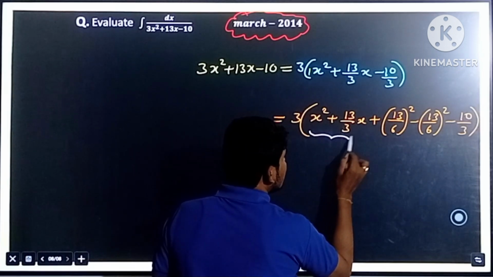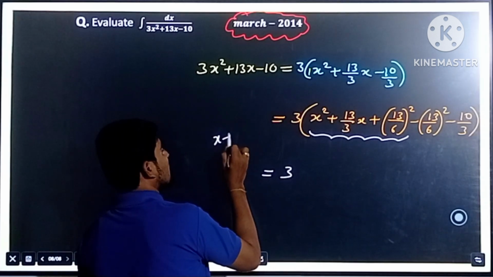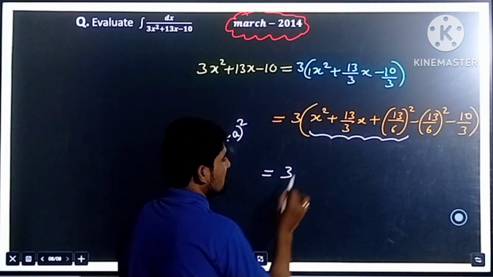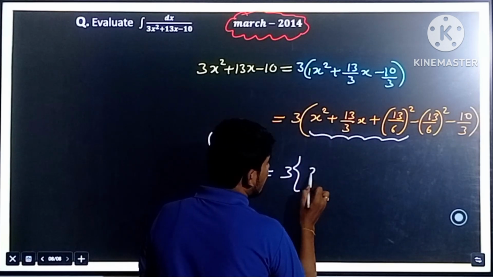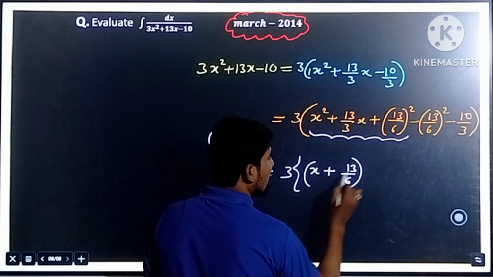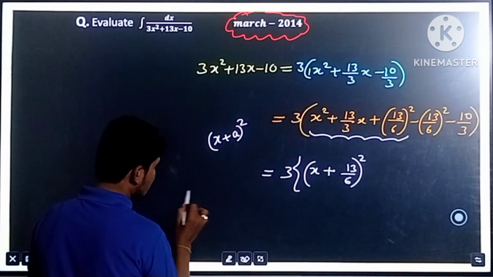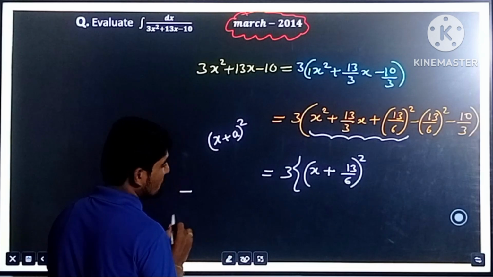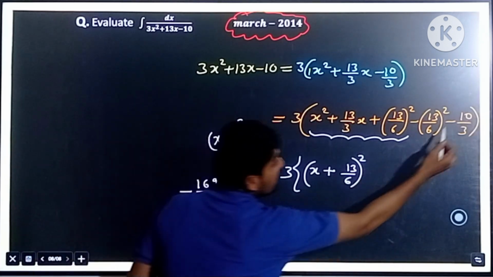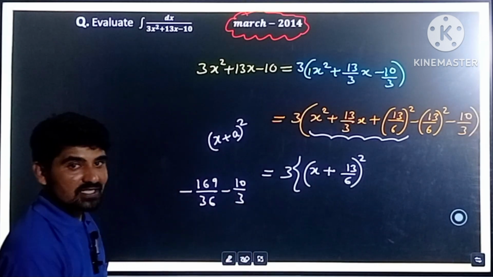Therefore, these first three terms are the expansion of x plus a whole square, where a is 13 by 6. Therefore, this can be expressed as x plus 13 by 6 whole square, and then minus of 13 by 6 whole square, which means 169 divided by 36, and then minus 10 by 3. I hope all of you are understanding.